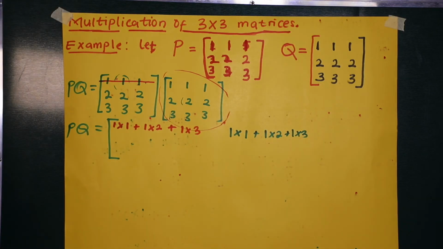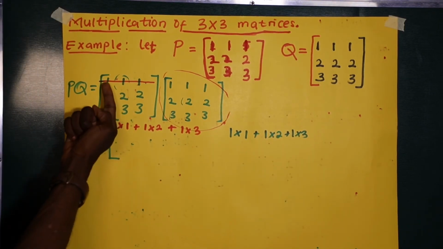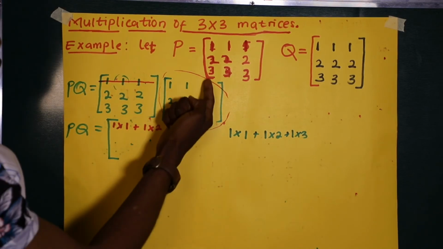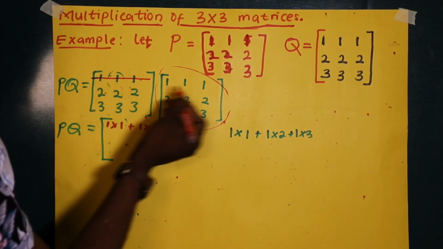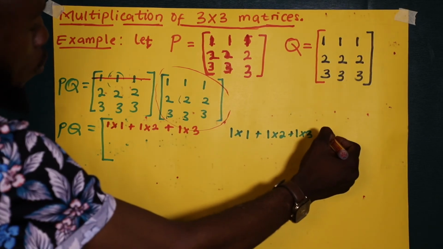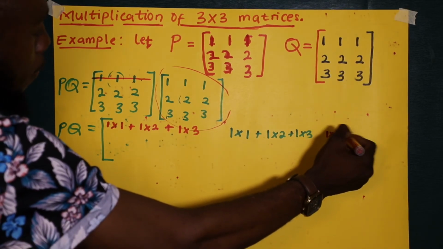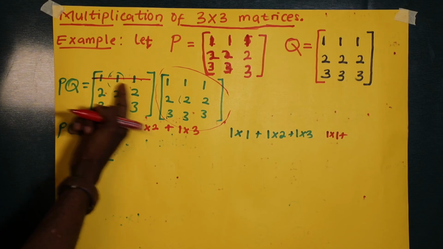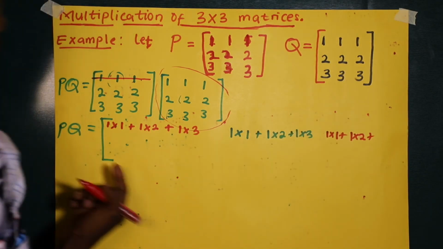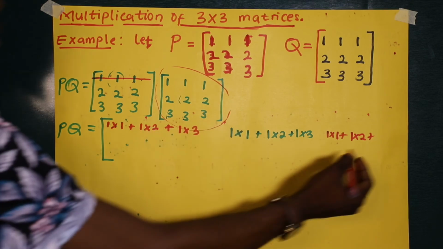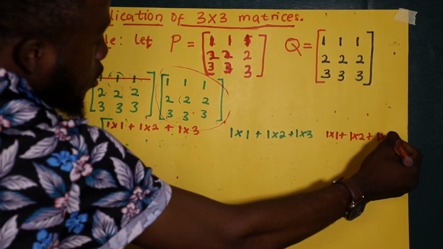Then we make a shift again and multiply still this row with this column by making a space. 1 times 1, plus 1 times 2, plus 1 times 3.